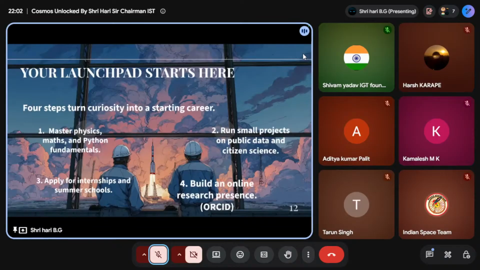Whatever research you have done, you upload it to ORCID, and you do not need to wait until you finish your degree.